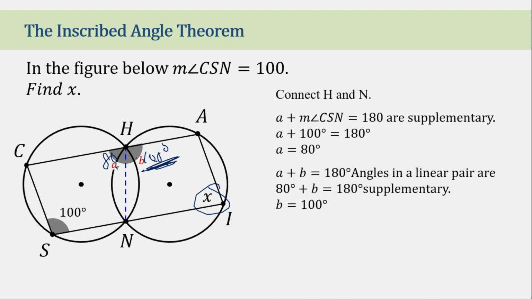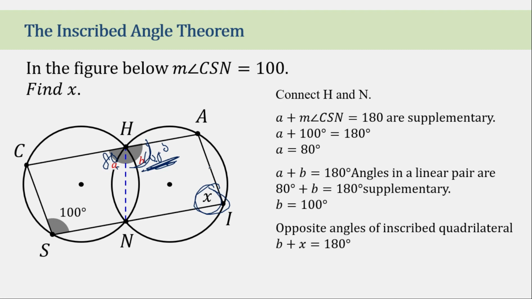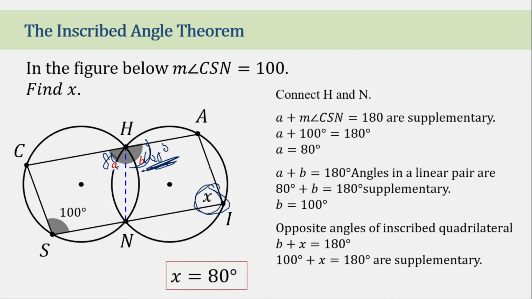Again, if we add the measurement of this to the measurement of this, we should get 180. So, opposite angles of an inscribed quadrilateral: B plus x is equal to 180, then B is equal to 100, then subtracting 100 on both sides, we get x is equal to 80.